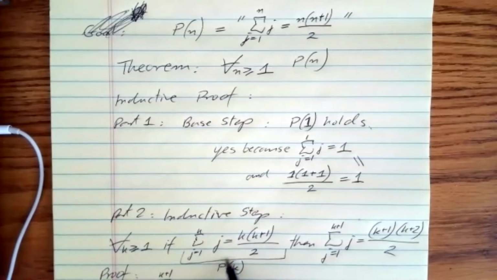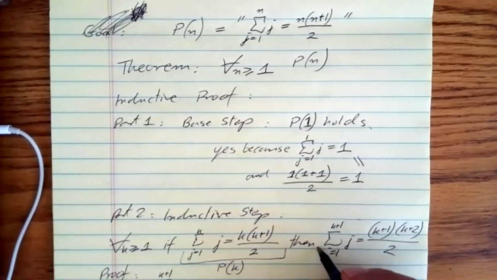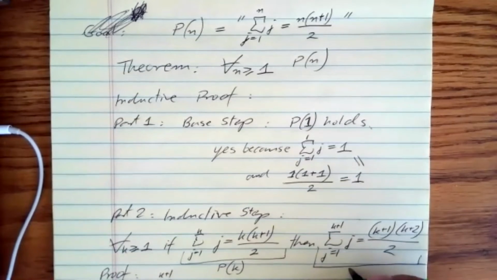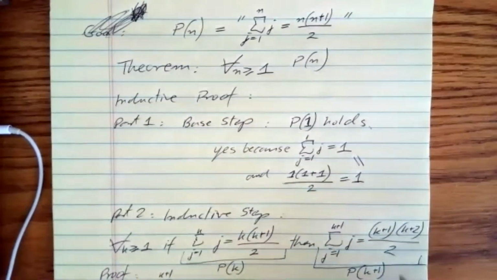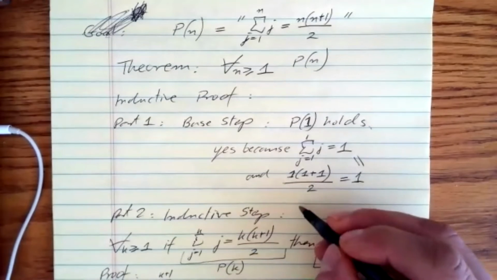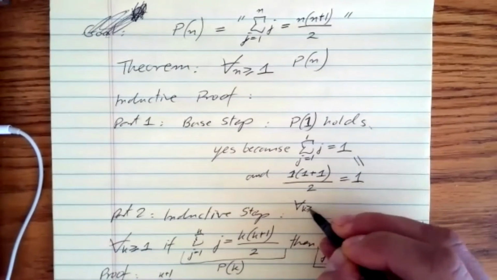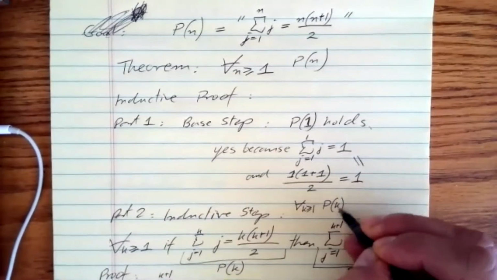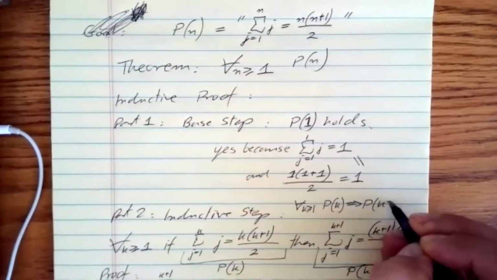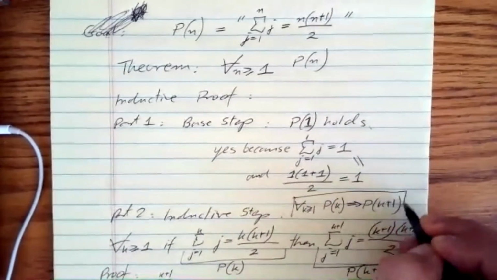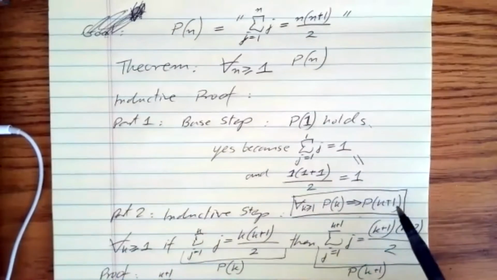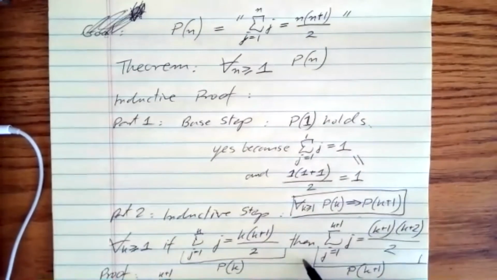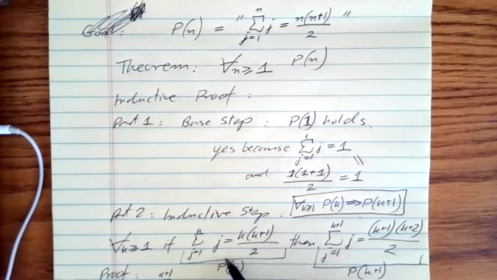If this statement is true about k, then we have to show that it's also true about k plus 1. So now you can see that this inductive step has the form: for every k greater or equal to 1, show that if the predicate holds on k, then it holds on k plus 1. That's the universal form of the inductive step, and it is here, just enveloped for the particular predicate P that you want to prove.